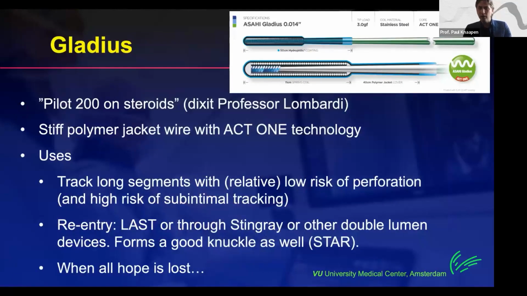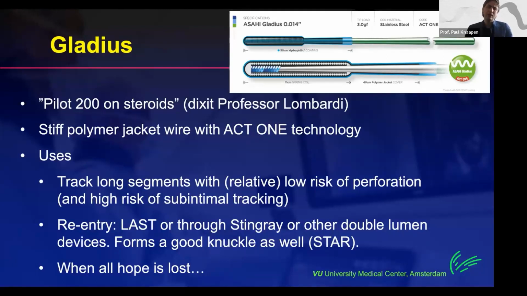Something that is not on this scheme, and this is relatively novel, is the Gladius wire. The Gladius has been introduced in peripheral artery disease and now has made its way into coronary disease. And once introduced to coronary disease, and this is by Professor Lombardi, who needs no introduction, it's like a Pilot 200 on steroids.